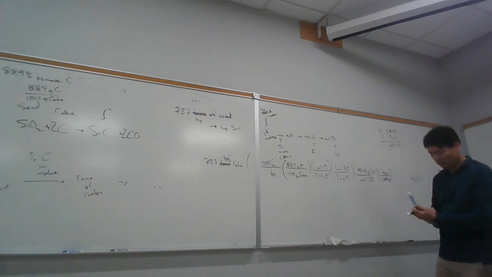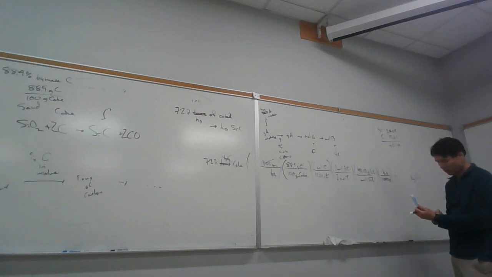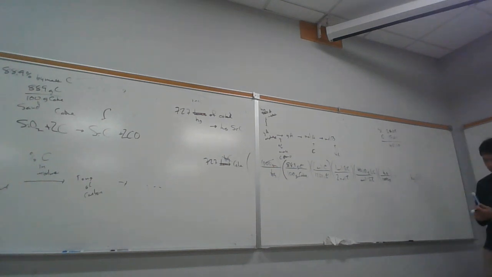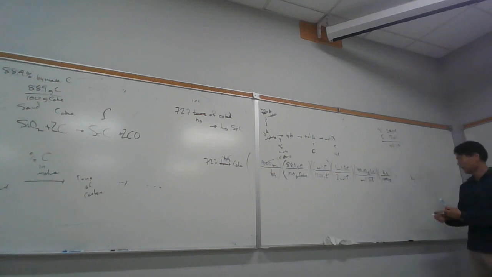So I'm going to do 727 times 88.9 divided by 100 divided by 12.01 divided by 2 times 40.1 equals 1,078.